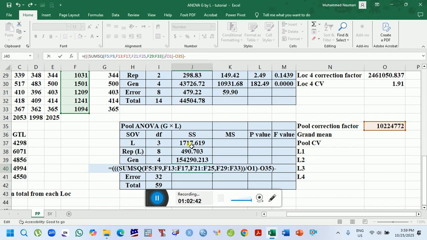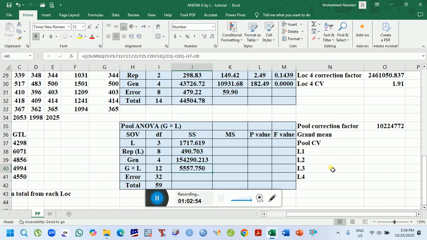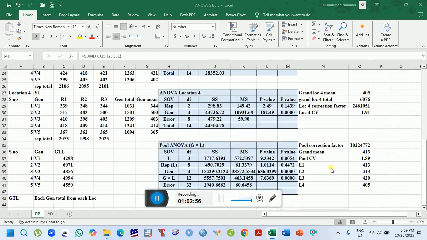Press enter. Yes, the answer is correct.